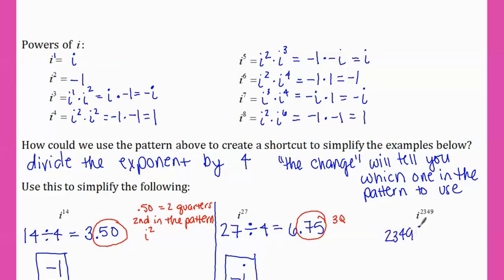Again, we're still dividing by 4. 2,349 divided by 4 will give us 587.25. 0.25 is 1 quarter, so it's the first thing in our pattern, so it's just i.